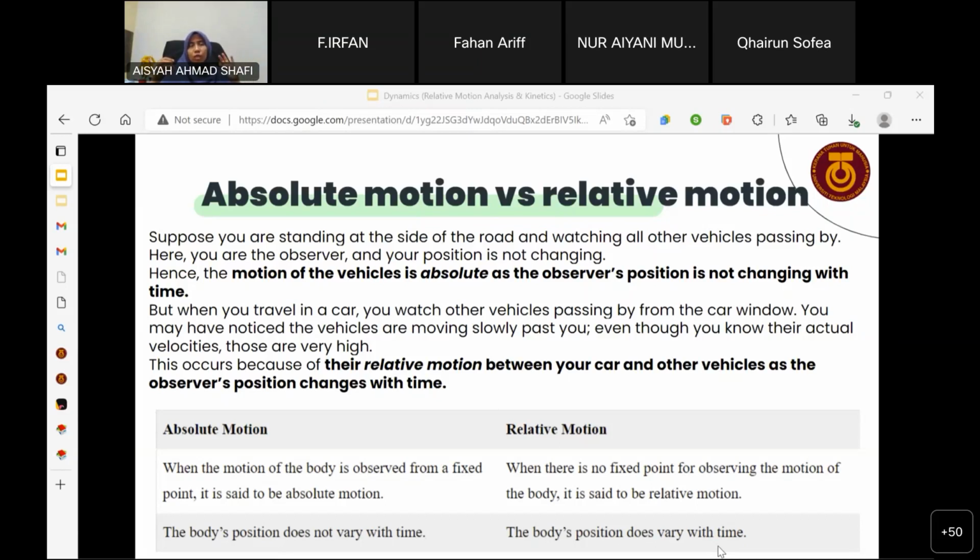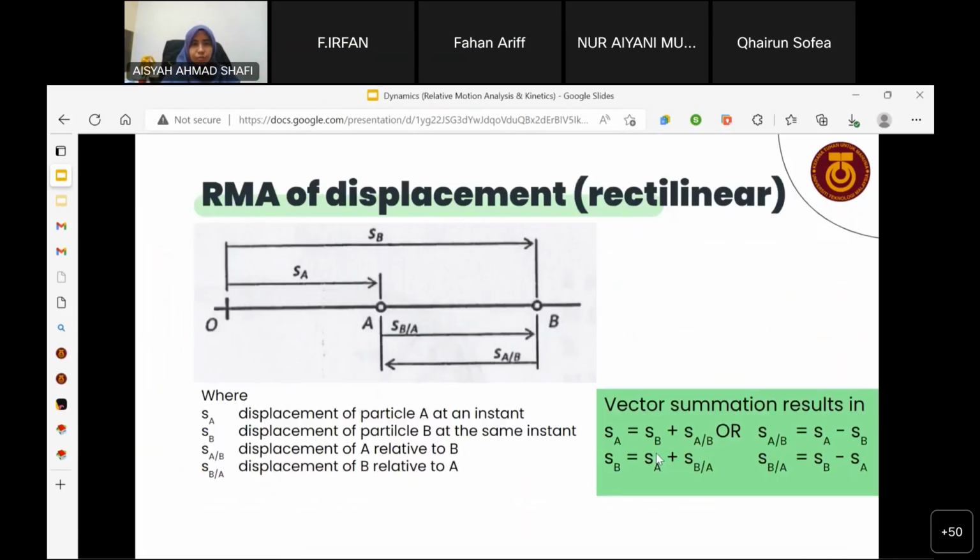That means we cannot analyze from the basic rectilinear and curvilinear theory, but there is another theory that we need to apply, which is relative motion, because now as the observer, you are moving, you are not static. Okay, so this is absolute motion and relative motion.